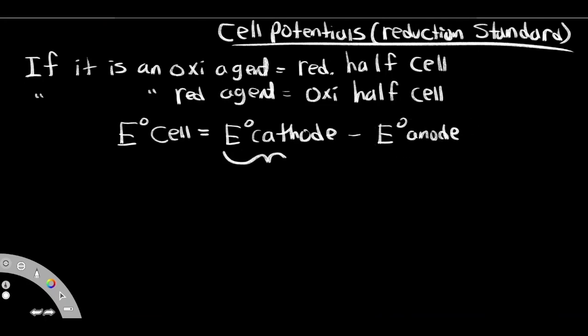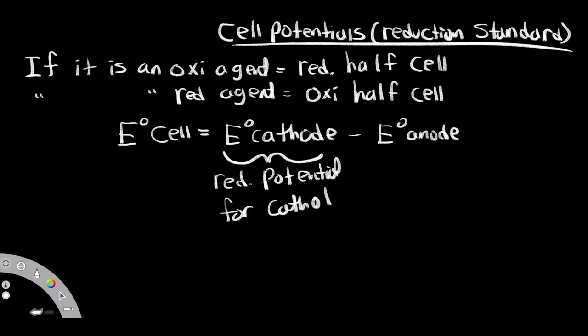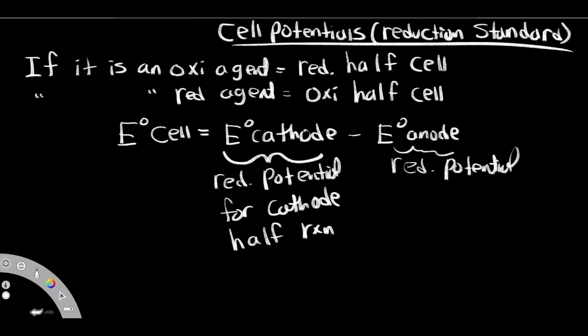It's important to understand that this E standard of the cathode is the reduction potential for the cathode. Whereas the E standard of the anode is the reduction potential as well, but it's for the anode half reaction.